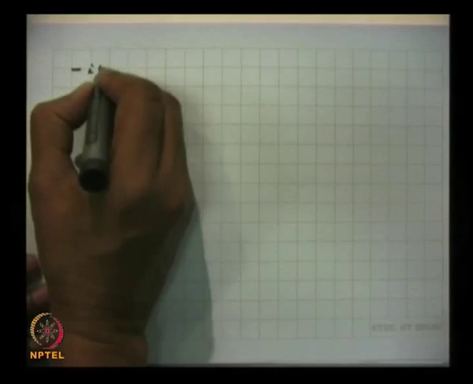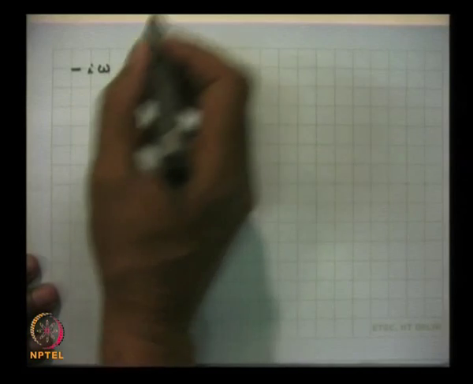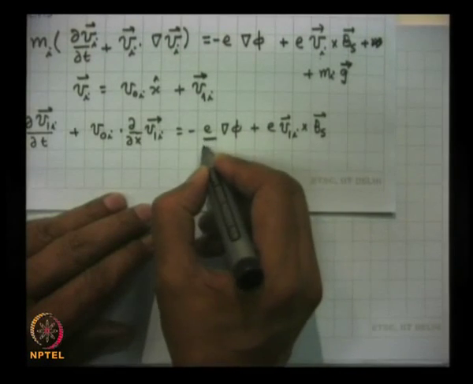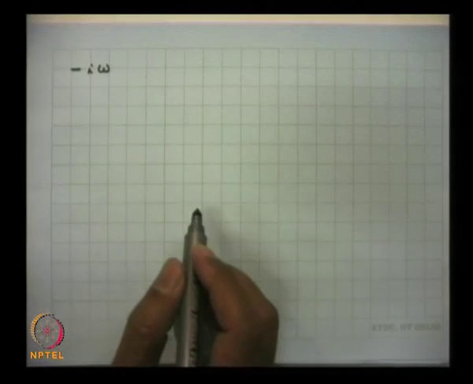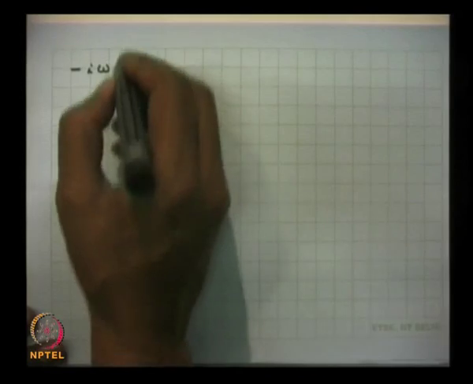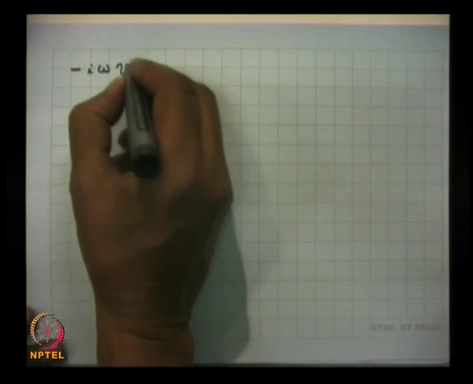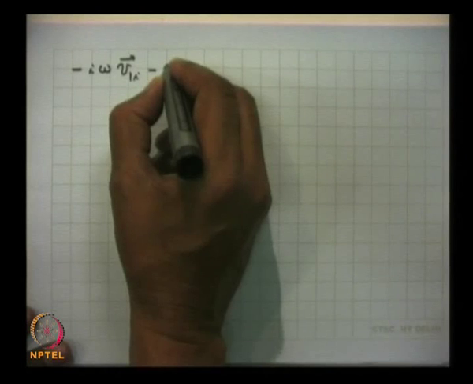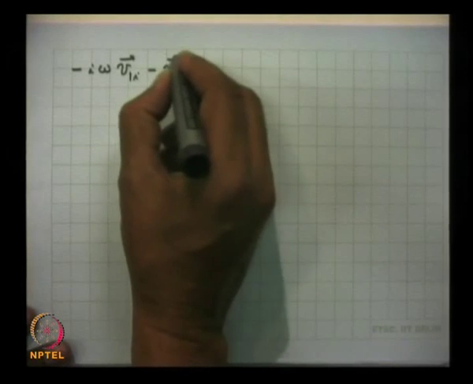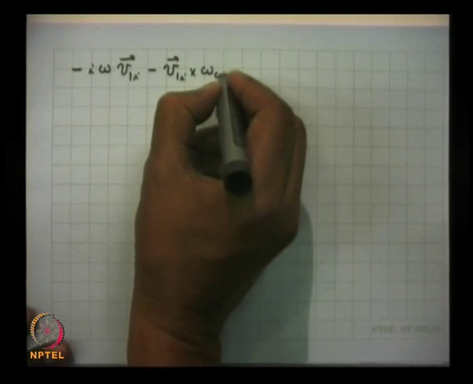Minus i omega, I made a mistake, I must put an ion mass in the denominator because this mass I am dividing. This equation becomes minus i omega V1i minus V1i cross omega ci, ion cyclotron frequency.